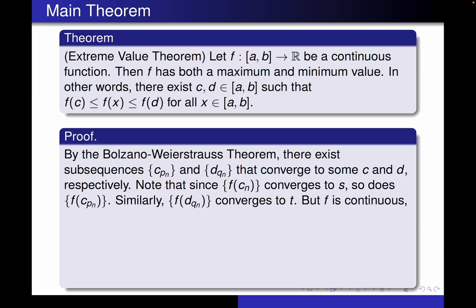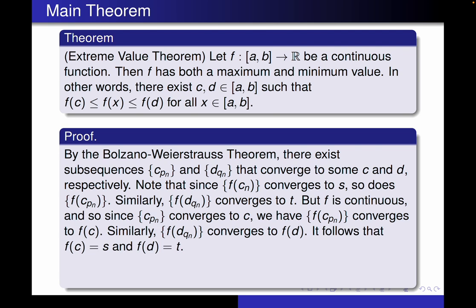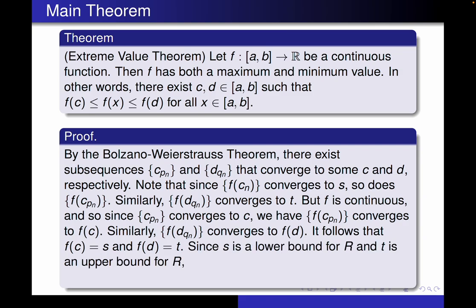But we know f is continuous, and so by our connection between limits of functions and limits of sequences, since C_pn converges to C, we have f of C_pn converging to f of C. Similarly, f of D_qn converges to f of D, and it follows that f of C is the infimum and f of D is the supremum.